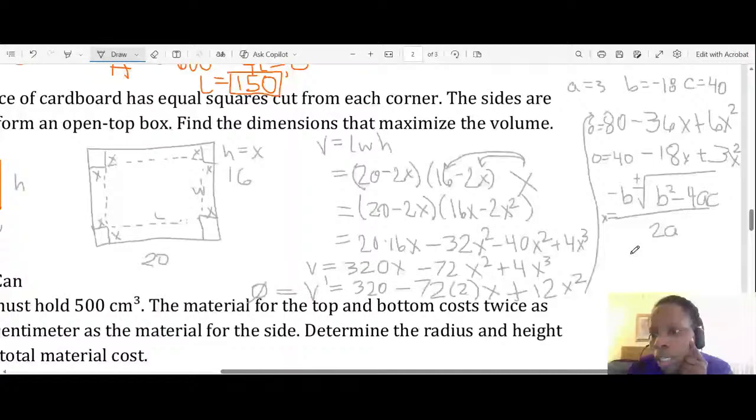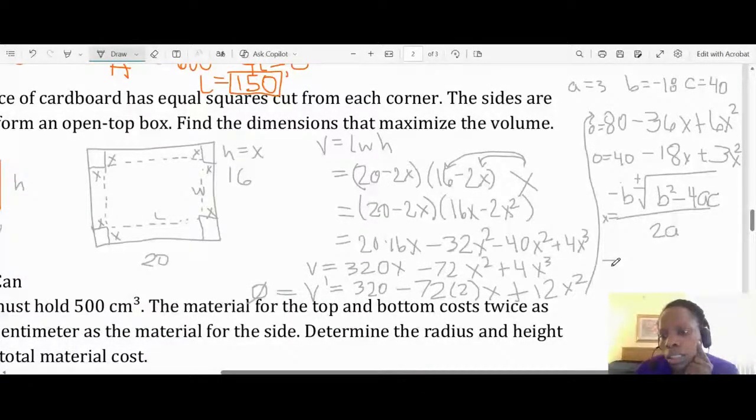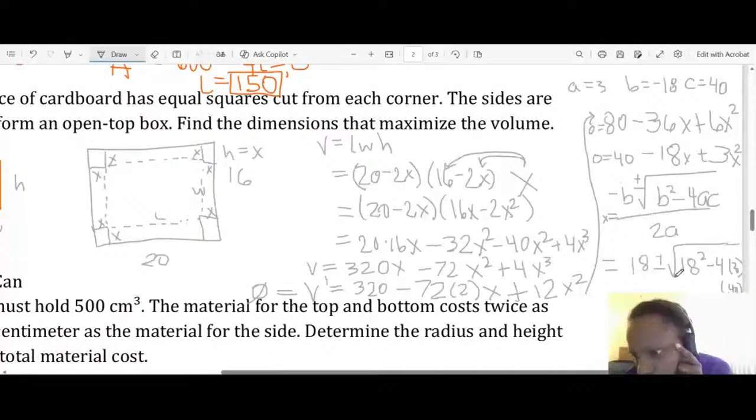Okay, so since b is minus, we're going to make it plus or minus the square root of 18 squared minus 4 times 3 times, oh wow, boy, hold on. I hope 18 squared is more than 12 times 40. Let's see.